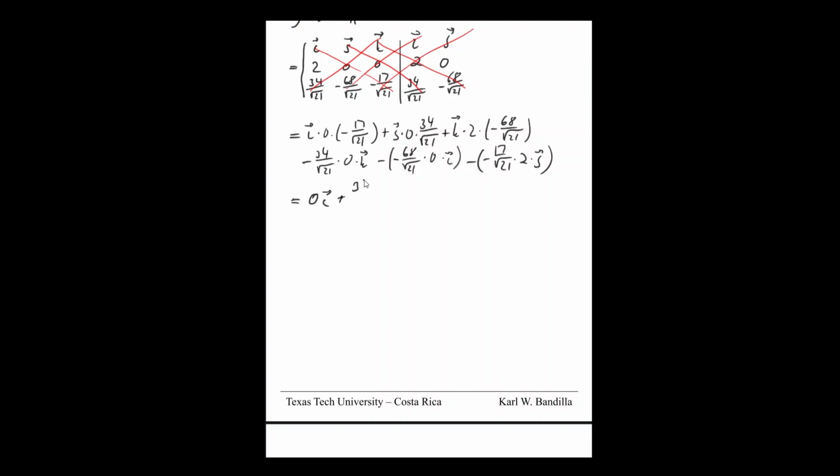So it'll be plus 34 over square root of 21 j. And then what is our last one? k, let's see. That one has a value. This one doesn't. This is a 0, so 68 times 2 would be 136, minus 136 over square root of 21.